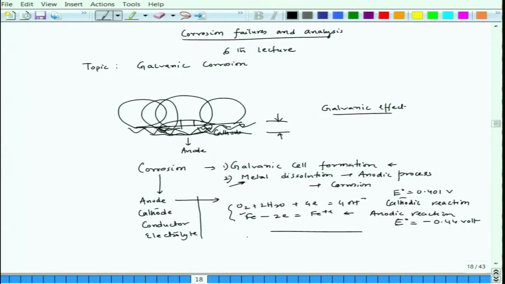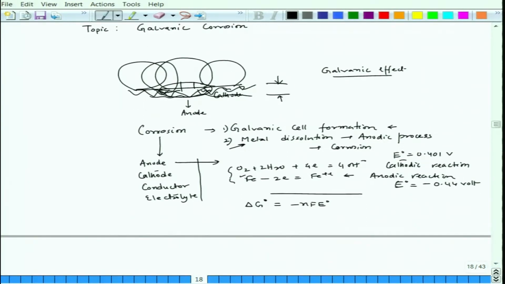Now, why do these reactions continue? Because if we find the free energy change, delta G0 is equal to minus nFE0, where E0 is the standard reduction potential for the complete cell, which would be E1 0 minus E2 0, if they are in standard state.